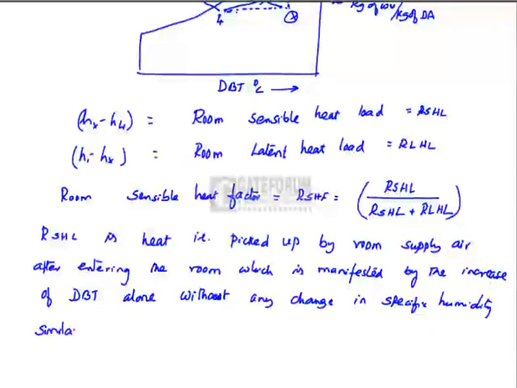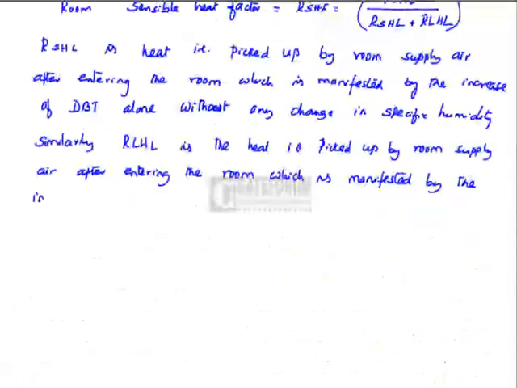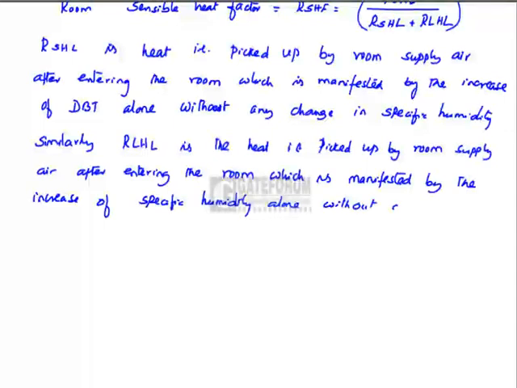Similarly, RLHL is the heat that is picked up by room supply air after entering the room, which is manifested by the increase of specific humidity alone without any change in DBT.